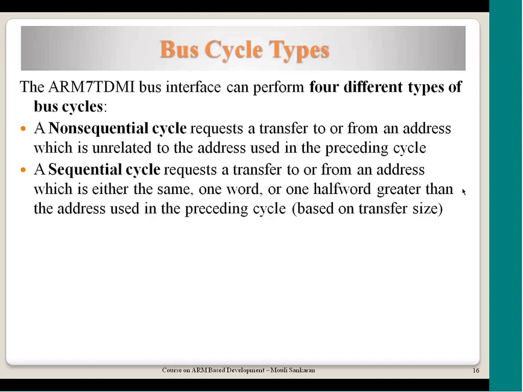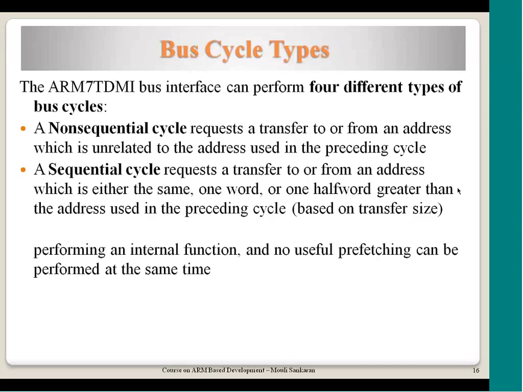Once the memory knows the requests coming out from the processor are all going to be sequential, then the memory could be ready with the data, because it knows that if the processor is reading at 1000 and the width is 32 bit, then the next request is going to be from 1004 and the other one is going to be 1008. So memory can prefetch the data internally without waiting for these addresses to come from the processor, so that it can complete the cycle much faster. So sequential addresses are relatively faster than non-sequential addresses.